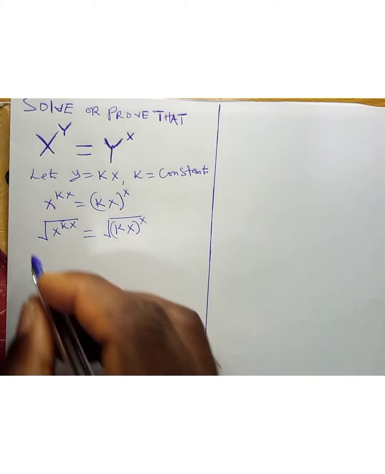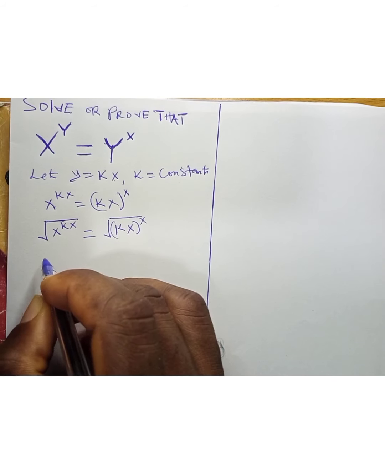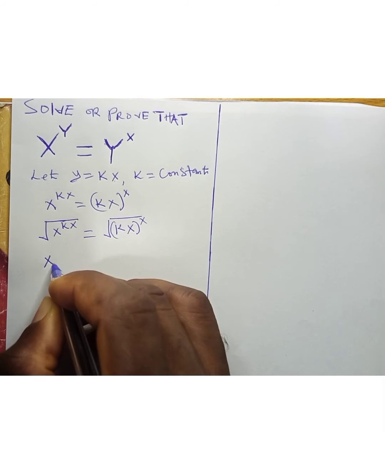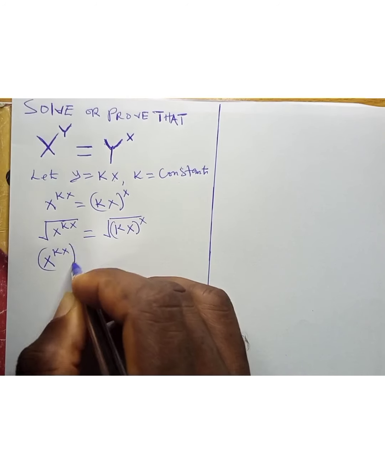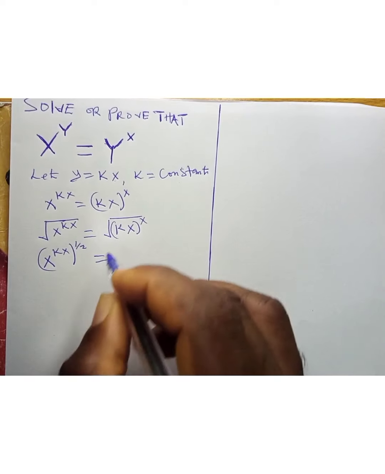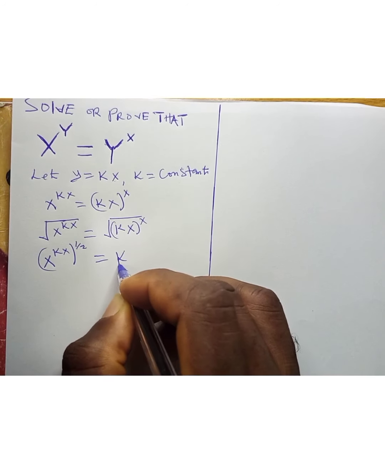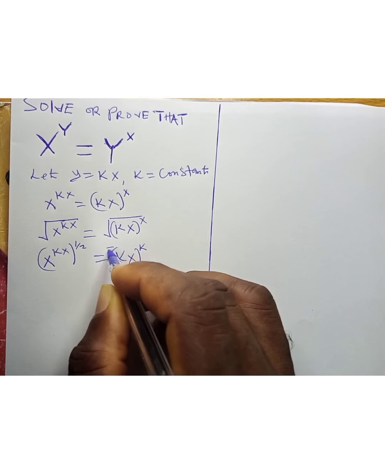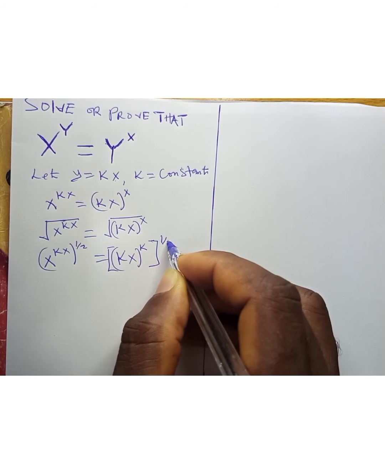We can express this square root in the form of x raised to power kx, all raised to power 1 over 2, equals kx raised to power x, all raised to power 1 over 2.